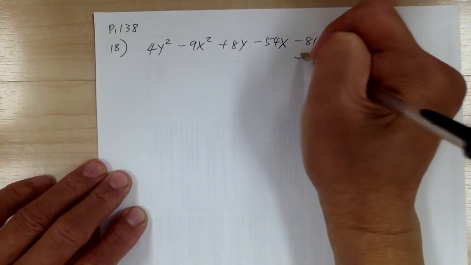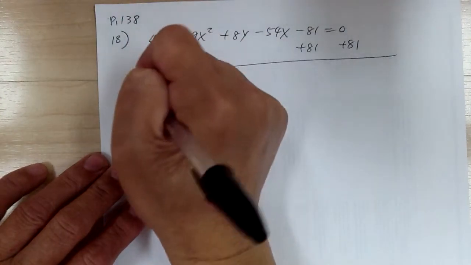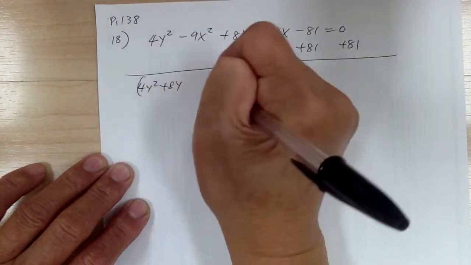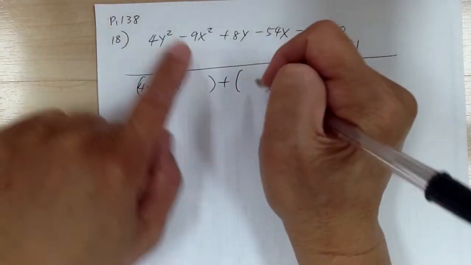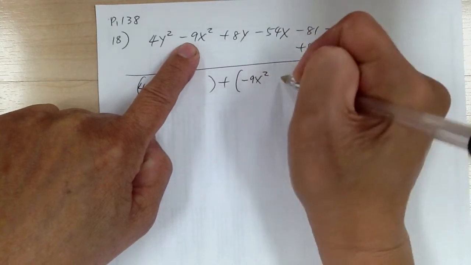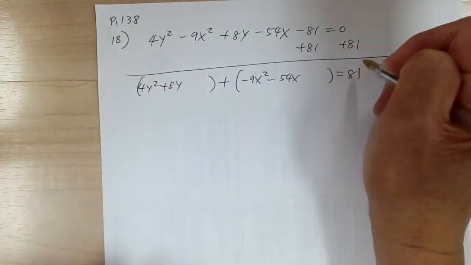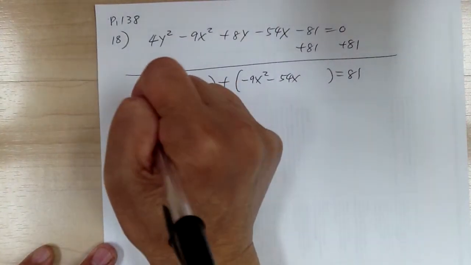So first let's move the number out of the way and go and gather your terms. So 4y squared plus 8y plus, again, always put a plus between the group. So you got negative 9x squared minus 54x blank equal to 81. Next step, go and factor out the coefficient. So you're going to factor out the 4.